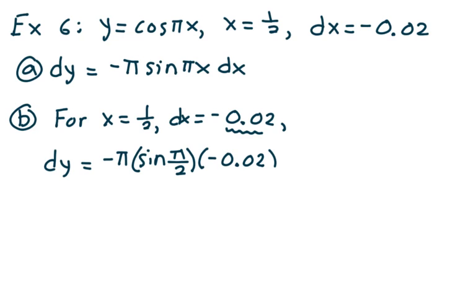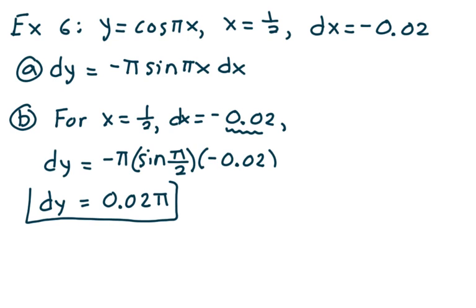But remember that sine of pi over 2 is 1, right? And so this is going to be 0.02 pi. So that's what my dy would be. And again, you have a fraction and you have a decimal.